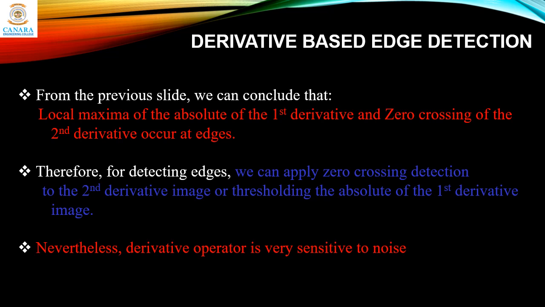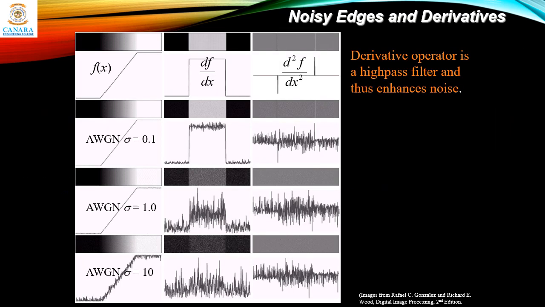Nevertheless, the derivative operator is very sensitive to noise. We'll see the examples in the next slide. So let's see what is the effect of noise on edge detection and the derivatives.